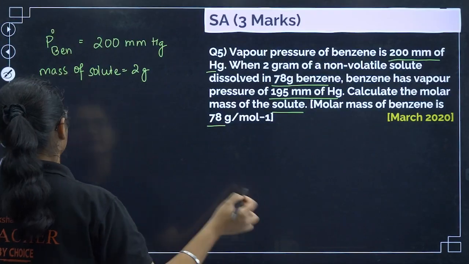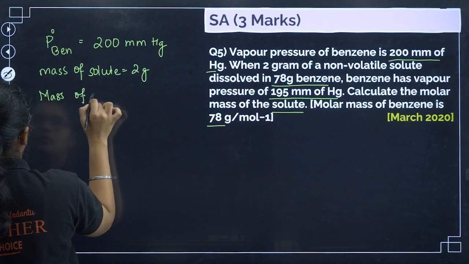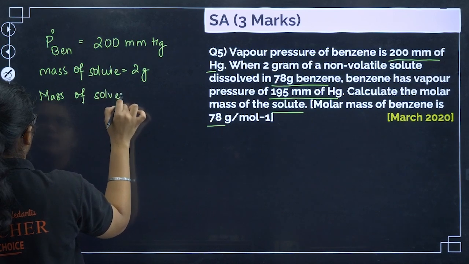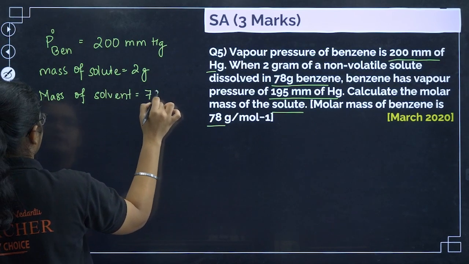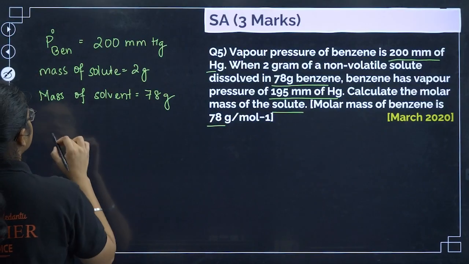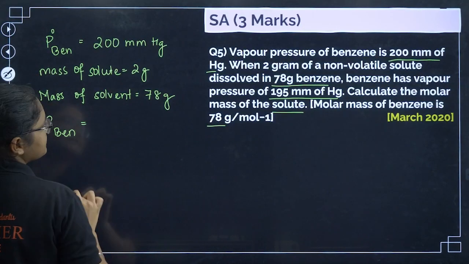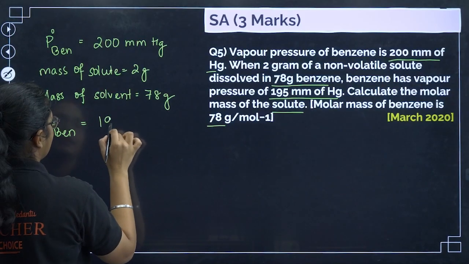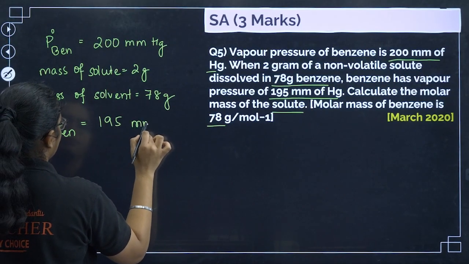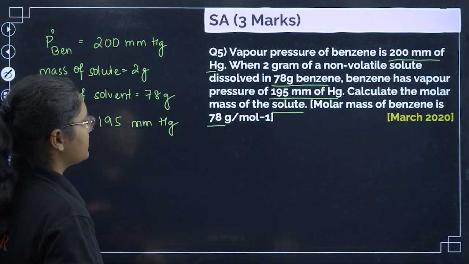Dissolved in 78 gram of benzene, so here I have mass of solvent, 78 gram of benzene. Benzene has a vapor pressure of P of benzene, 195 mm Hg. Calculate the molar mass of the solute.